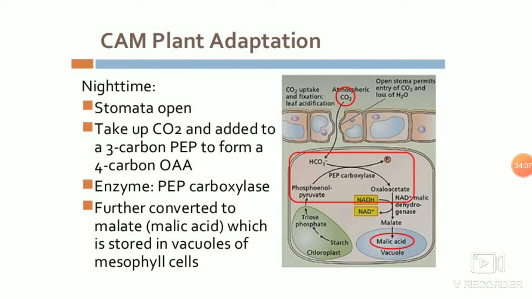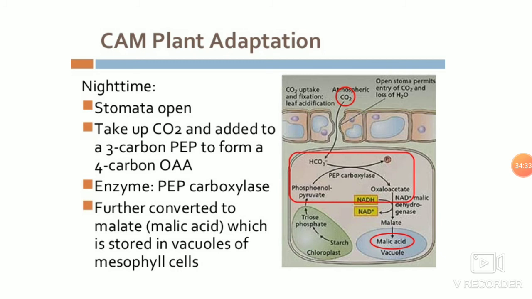During the course of the day, this malate is broken down to carbon dioxide, which enters the Calvin cycle, and pyruvate, which is used to resynthesize starch. That is, at night the stomata are open and the plant takes up carbon dioxide, which is added to a 3-carbon compound, phosphoenol pyruvate, to form a 4-carbon compound, oxaloacetate.